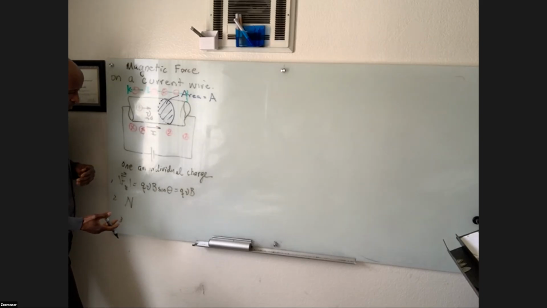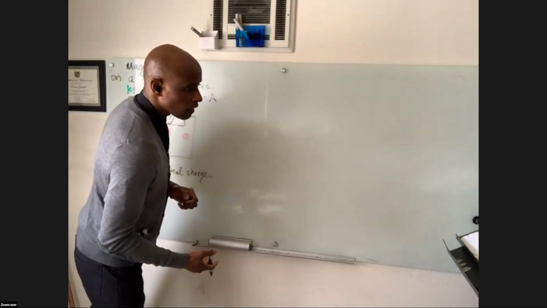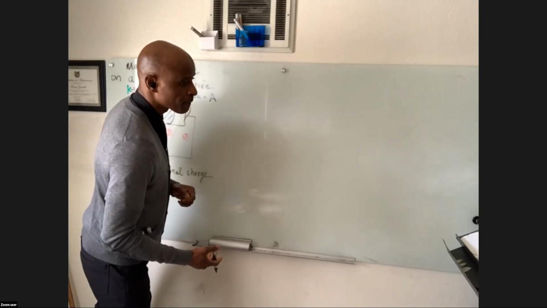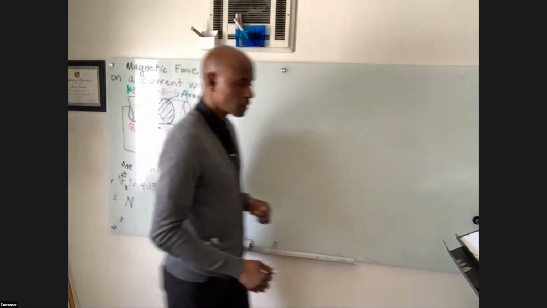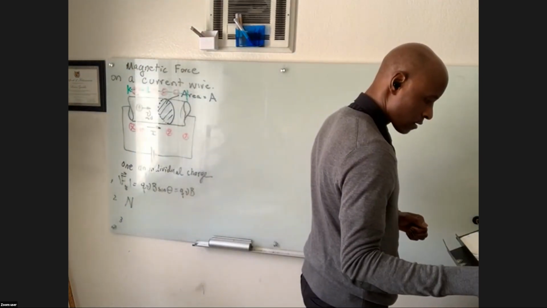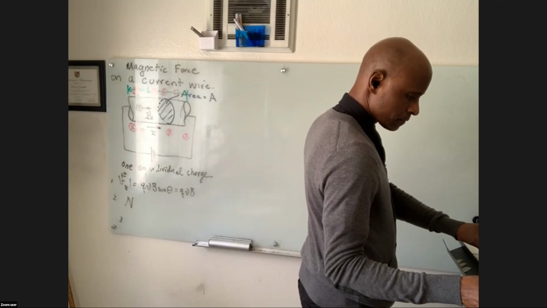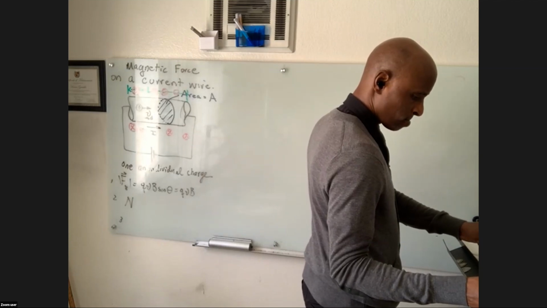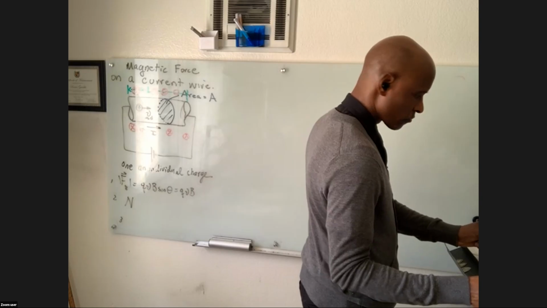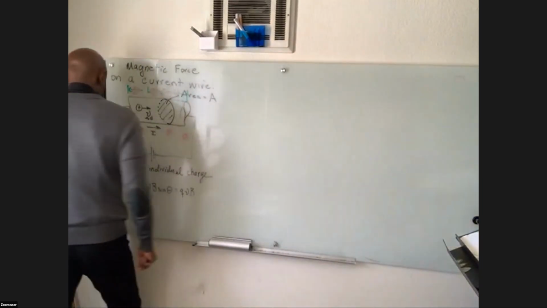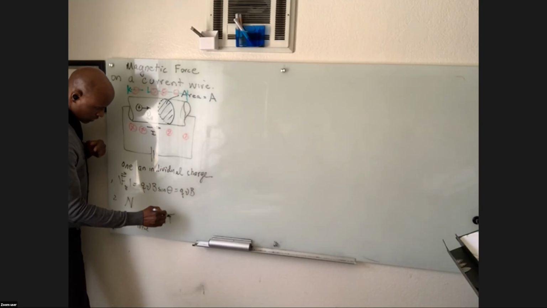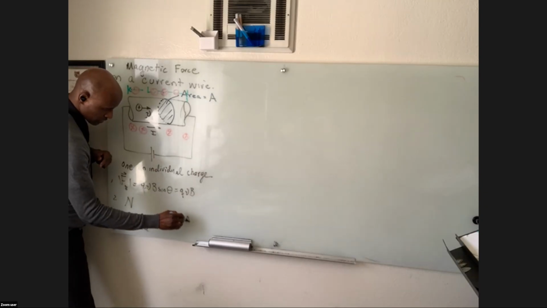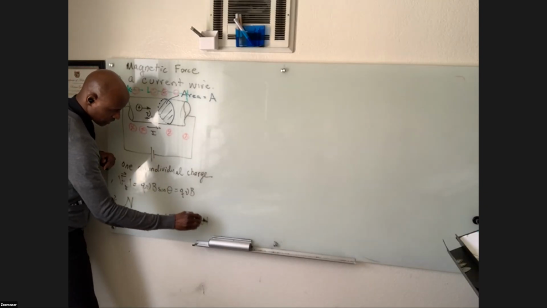So the total force, F total, is going to be equal to N times the force on an individual charge, which is N times Q times V times B.